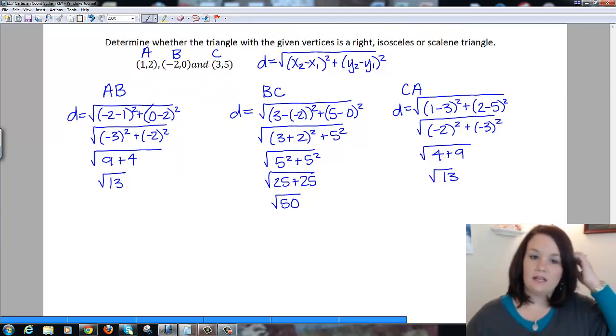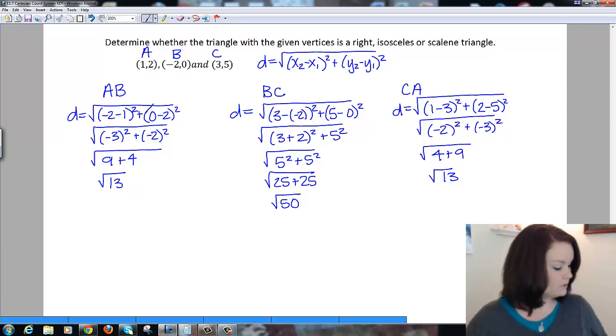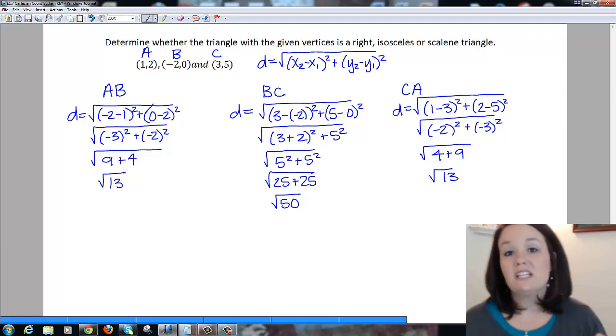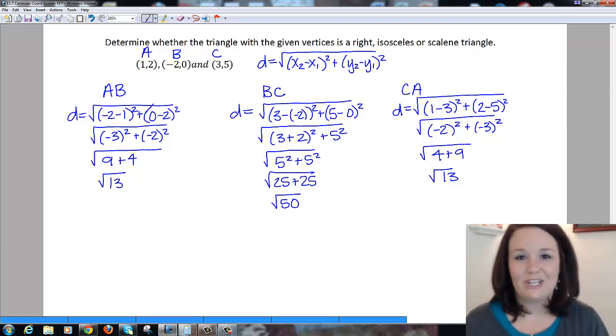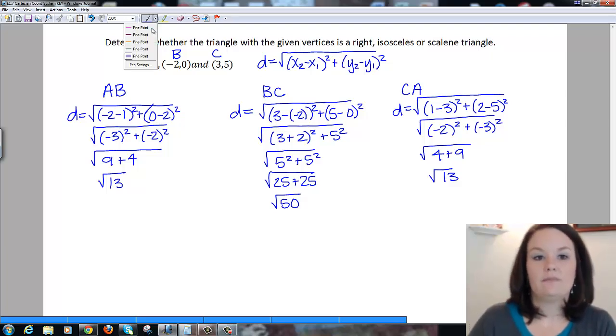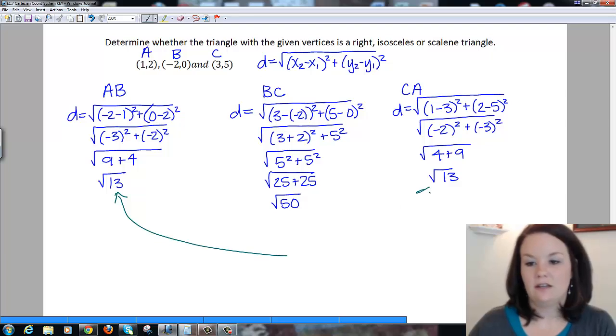Okay, so first thing I look for, which is the easiest thing to check, is do I have any equal sides? Which here I do. Notice I have the square root of 13 and I have the square root of 13.